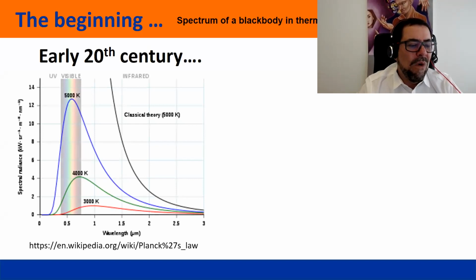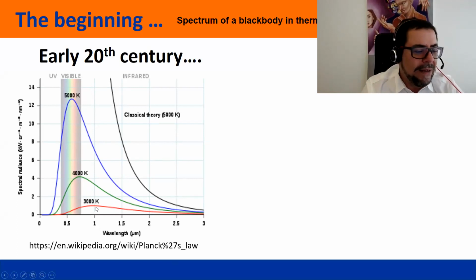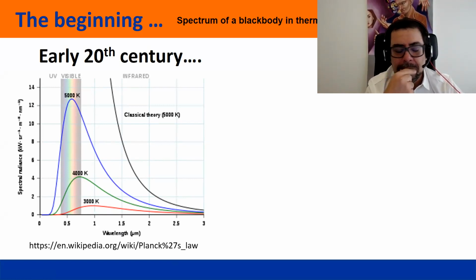And what they see is shown in this picture here. This is what's observed for a body at 5,000 degrees Kelvin as a function of the wavelength of the radiation coming out of the body. And this is the expected behavior until that point in time.